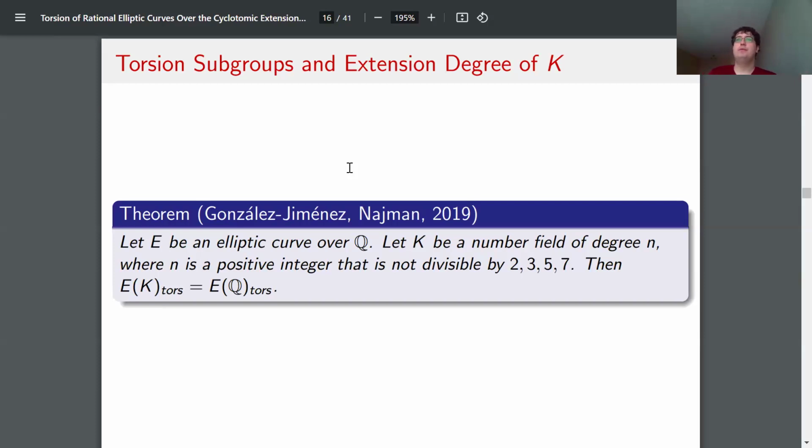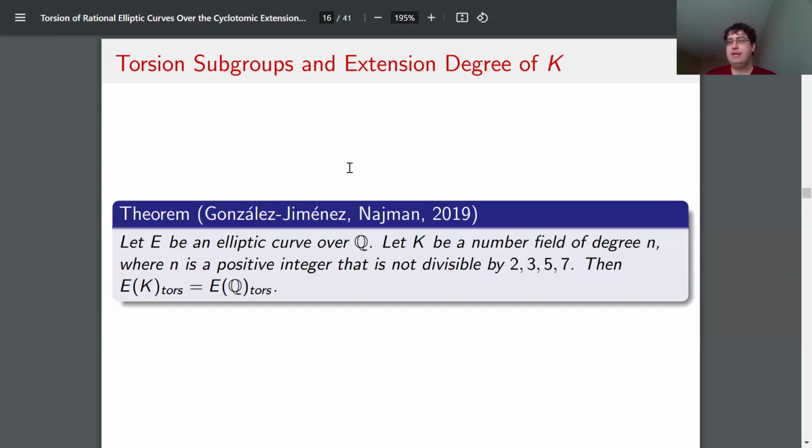And it's very promising because we already know from Mazur's theorem or other theorems like Nagell-Lutz that it's very easy to find rational torsion. One strength of their theorem is that K doesn't need to be a Galois extension, which is very strong. But for me, it has a weakness, because n not being divisible by 2 is very restricting, since I want to work with cyclotomic extensions and they will always have even extension degree.